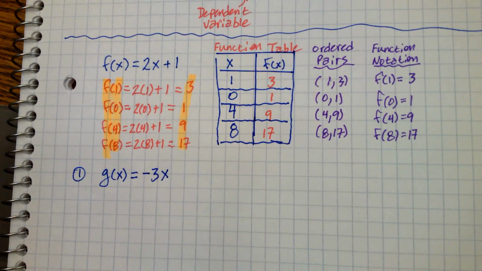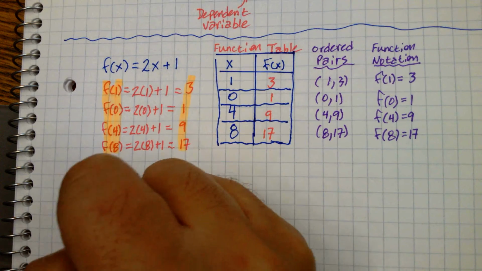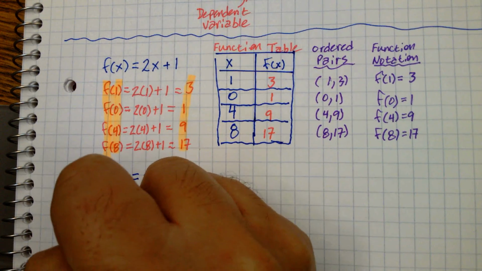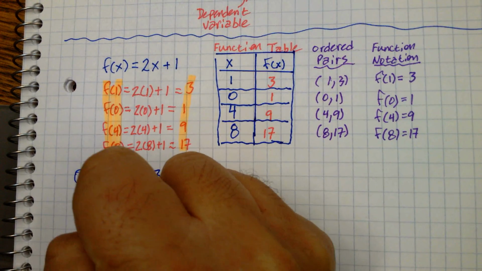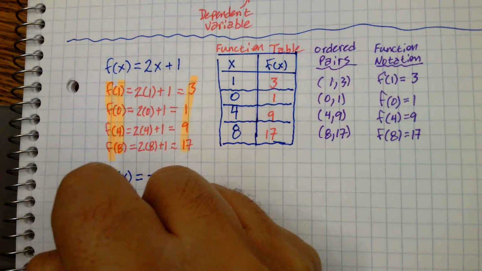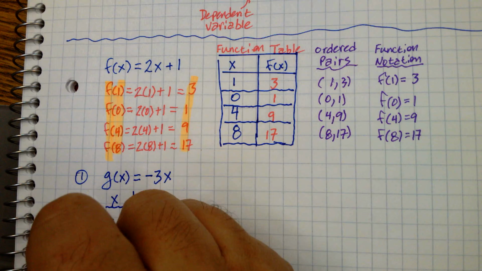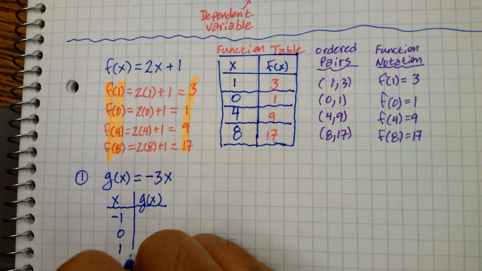Okay, so we'll make a function table for that. So let's do x on the table, g of x, and let's do negative 1, 0, 1, and 2. We'll go in order this time.